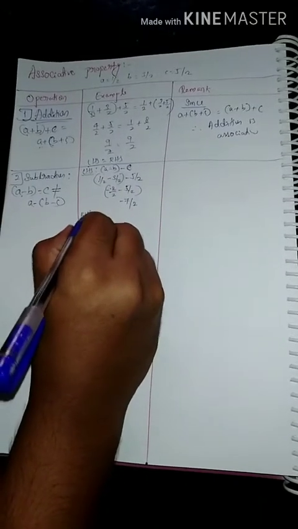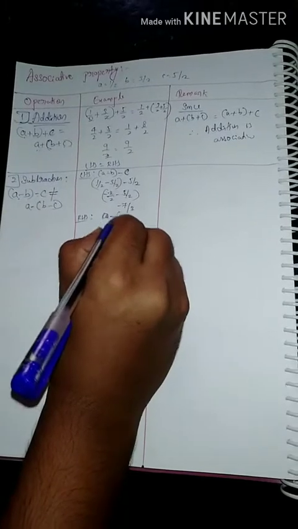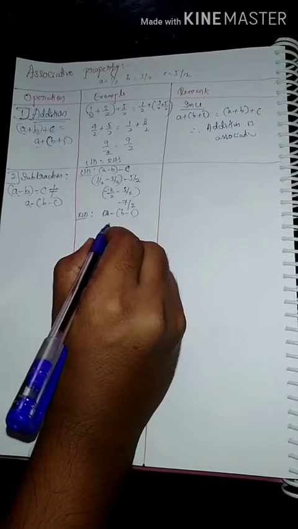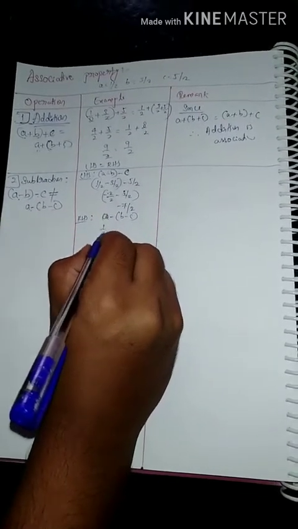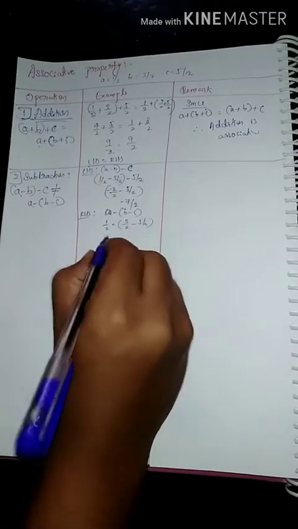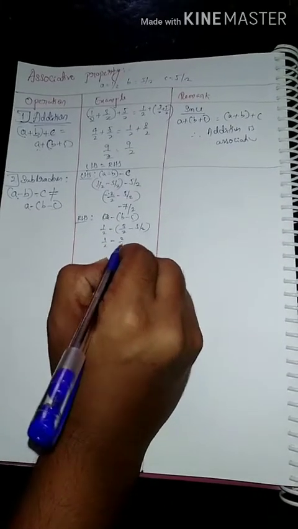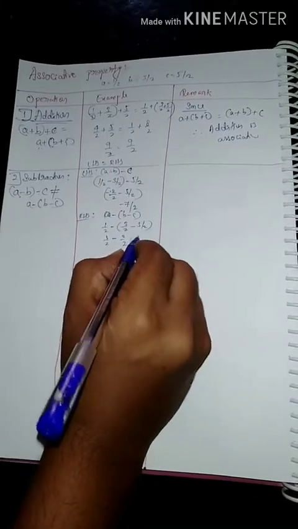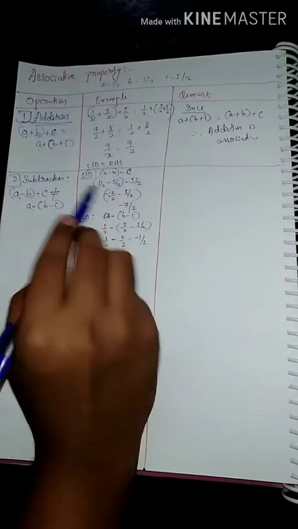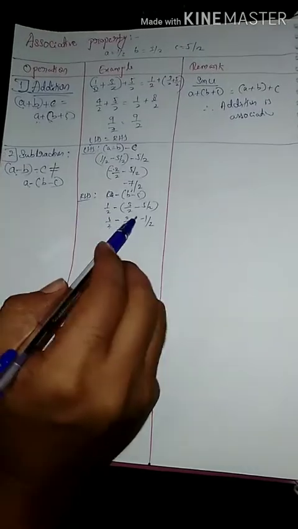And next, now check RHS. So RHS is a minus (b minus c). So a is 1 by 2 minus, b is 3 by 2 minus c is 5 by 2. 3 by 2 minus 5 by 2 is minus 2 by 2. 1 by 2 minus (minus 2 by 2) is again minus 1 by 2. See here, LHS result is minus 7 by 2 and RHS result is minus 1 by 2.